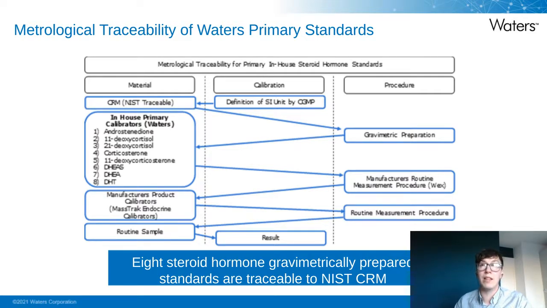What we have in this slide is 8 of the steroid hormones, and these are primary in-house standards prepared at our manufacturing site, and these are traceable to the CRM, so the NIST material, with the values based on gravimetric assignments for androstenedione, 11-deoxycortisol, 21-deoxycortisol, corticosterone, 11-deoxycorticosterone, DHEA sulfate, DHEA, and DHT.